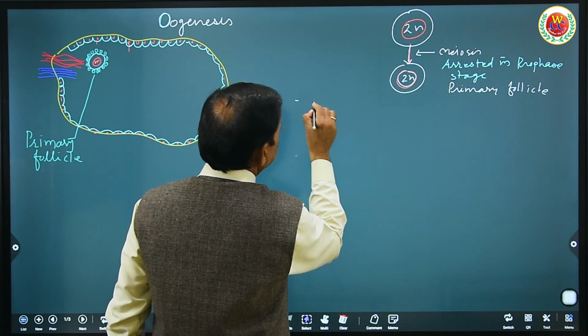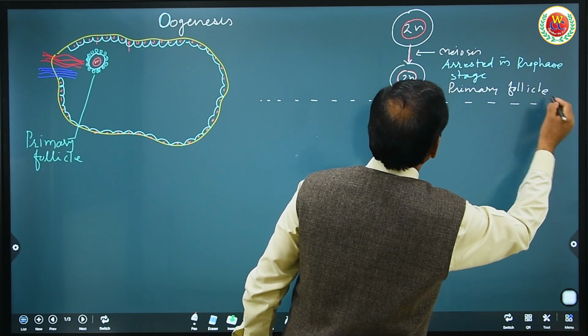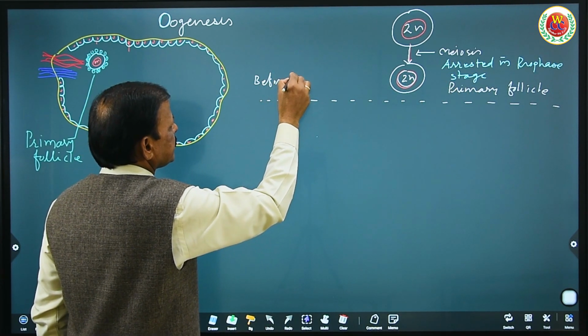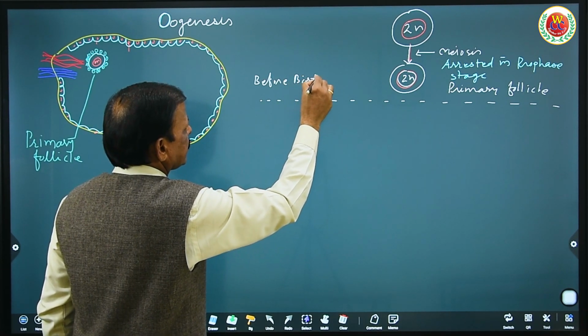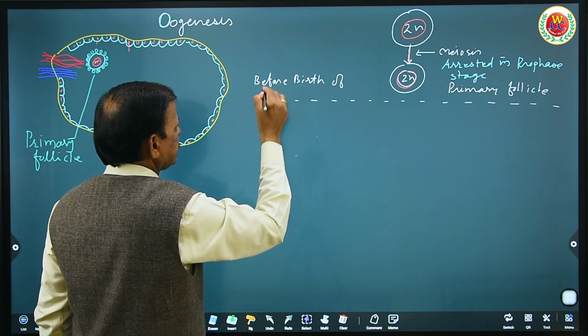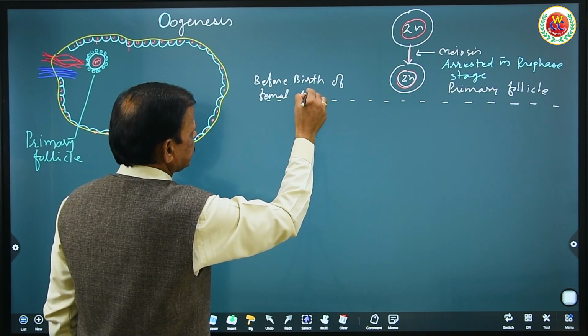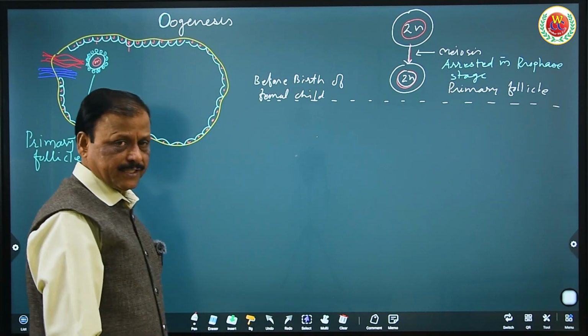So I draw a line here that this condition is before birth of the female child, that is the embryo stage.